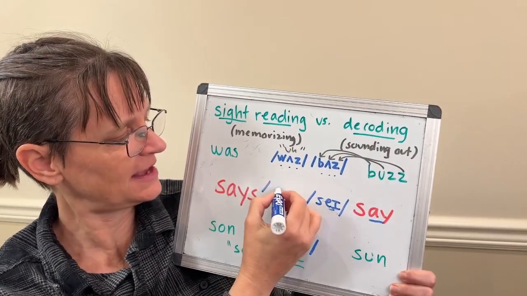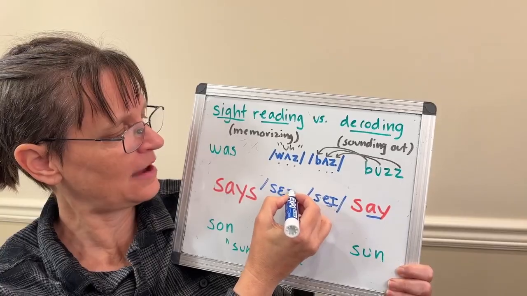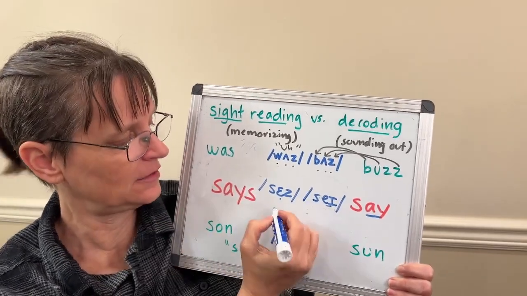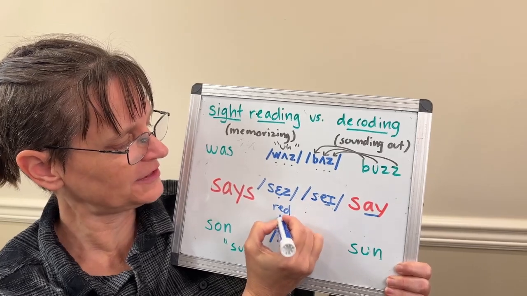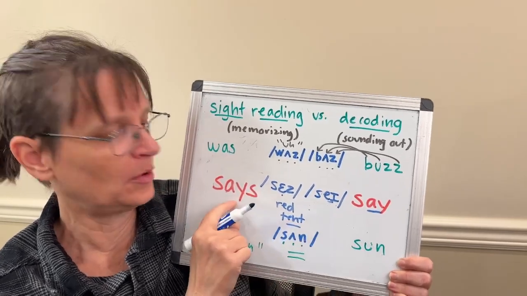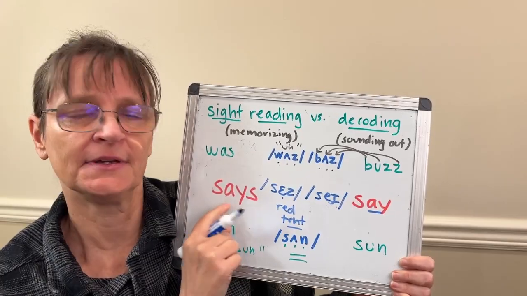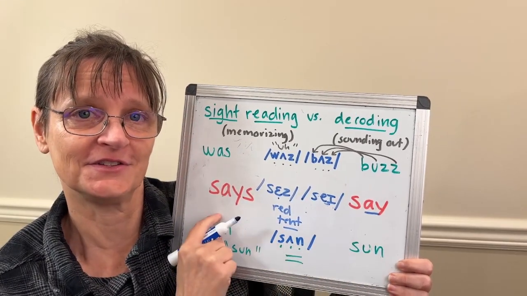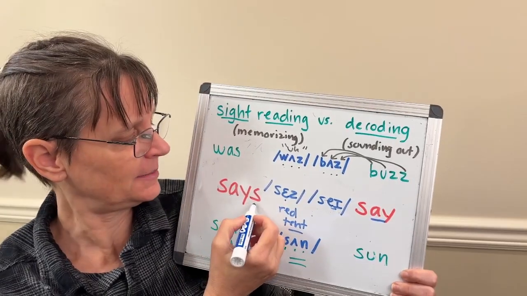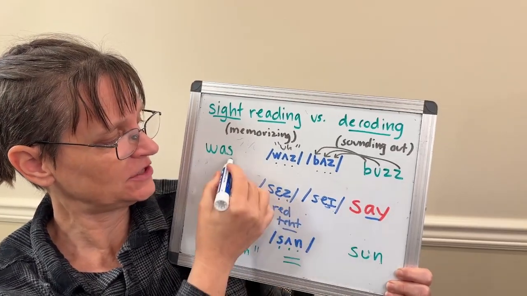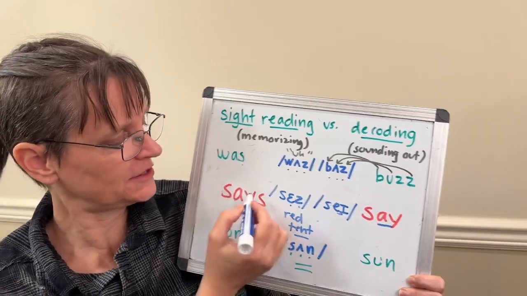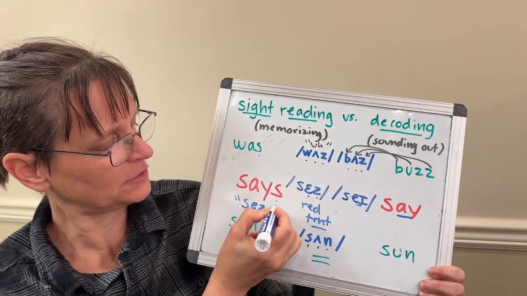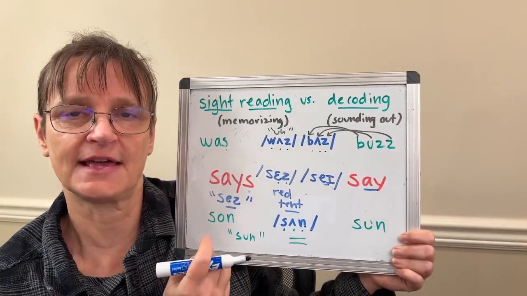But in the word says, suddenly the vowel changes to the eh sound, like in red, tent. And so many people mispronounce this as sace because it would make sense and follow the rules to go from say to sace. The letter S says the Z sound in here, just like it did with is and was. And so I may want to, in my mind, respell this or visualize it as sez.